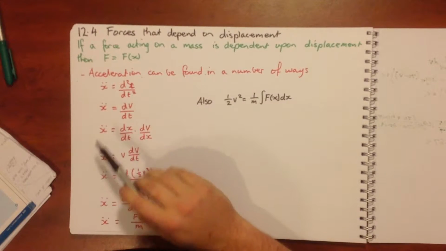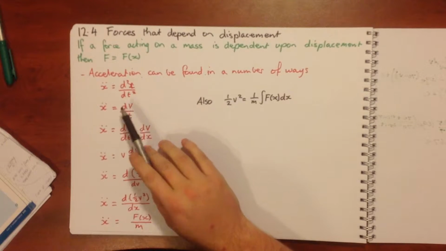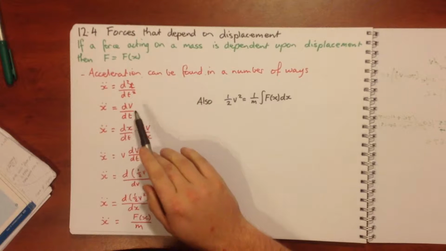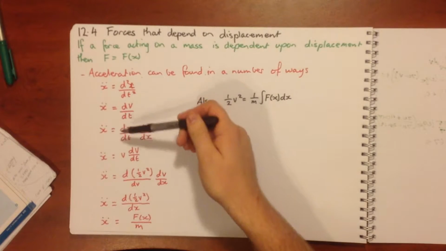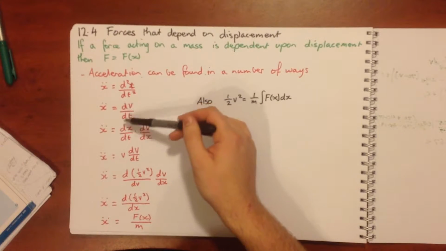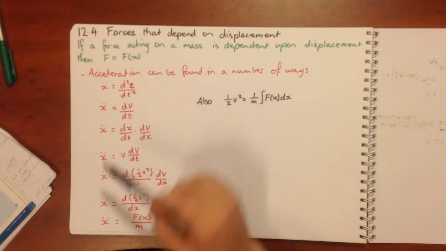We say acceleration is equal to d squared x on dt squared, it's equal to dv on dt, that's equal to dx/dt times dv/dx, which is really just our chain rule way that we end up with our dv/dt.